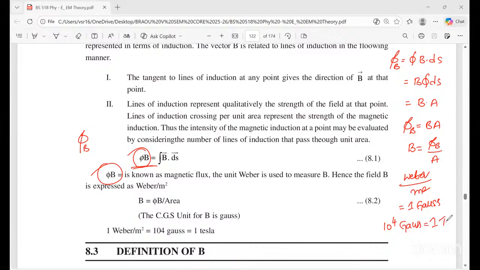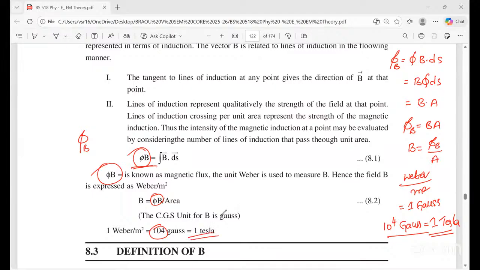Okay, so this is also phi B, and this is not 10^4, it is 10 power 4. So many printing mistakes are there. Please do corrections. So 10 power 4 Gauss is nothing but a Tesla.